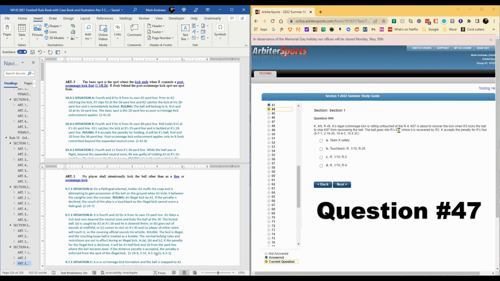The kick ended in the end zone. So this is a touchback. Okay. So normally we would have it our first and 10 at the R20 had R3 not committed that foul. But R3 committed a foul at the R4, right? So we are going to enforce it as a spot foul, and it'll be R's ball, first and 10 at the R2.